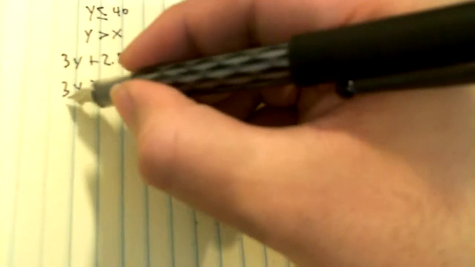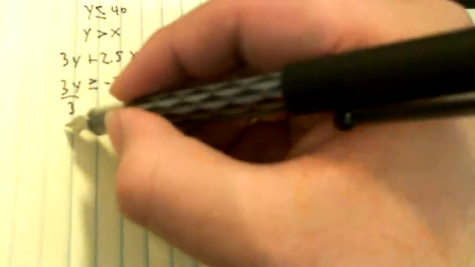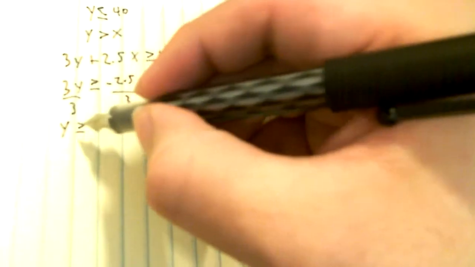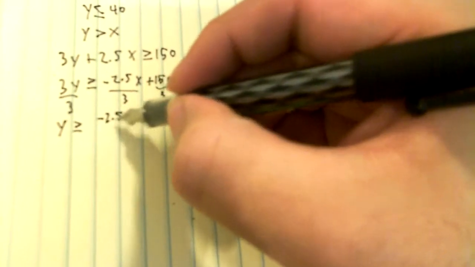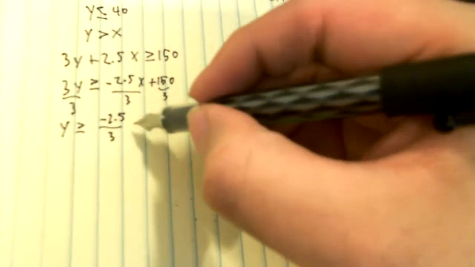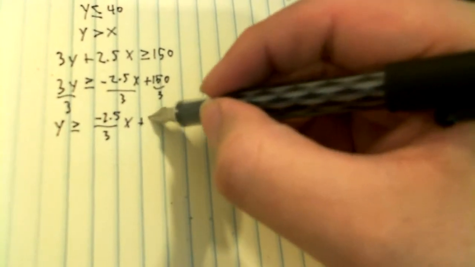Then we divide everything by 3. And we get y is greater than or equal to, I'm going to leave this as a fraction just because it's going to make the computation a bit easier. And then this here becomes 50. Okay, so now we have this guy, and this guy.